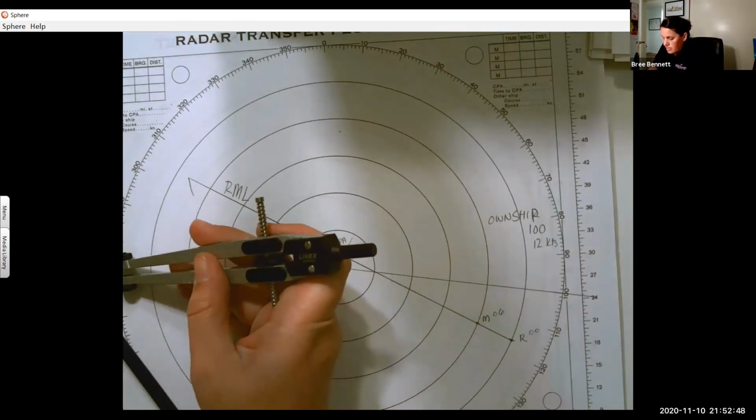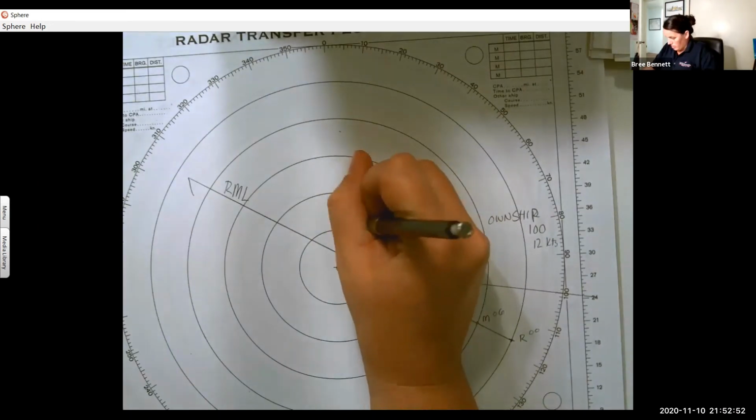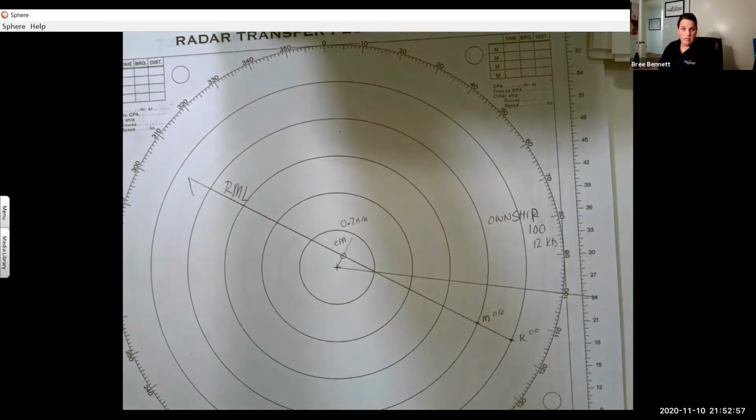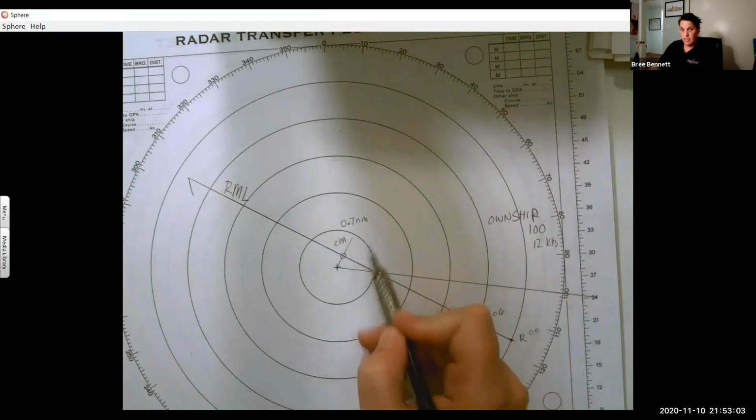Has a distance of 0.7 nautical miles. So I'm not comfortable with the 0.7 nautical mile CPA.